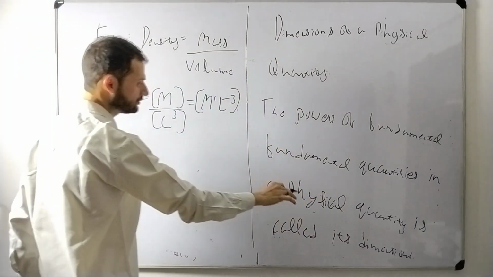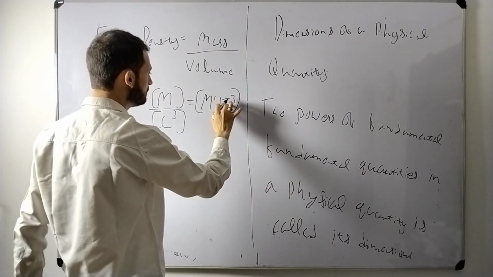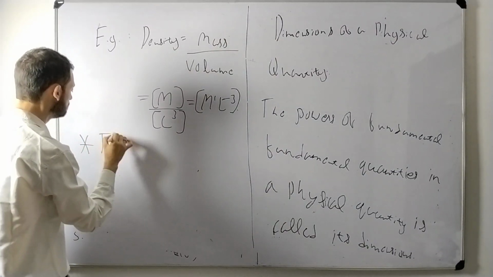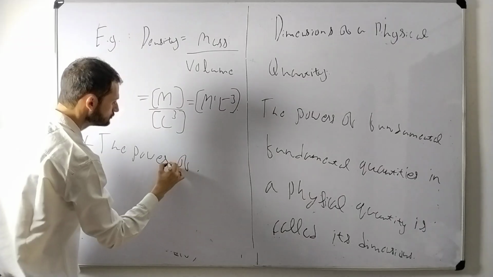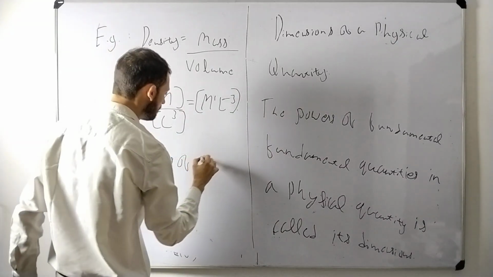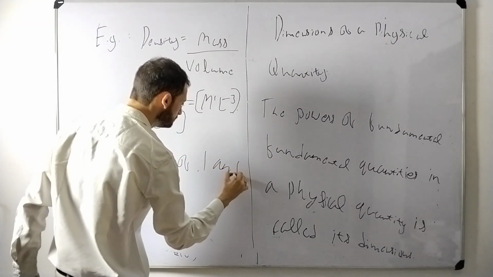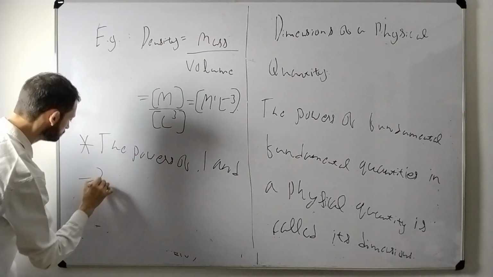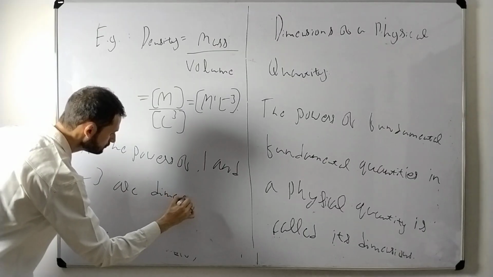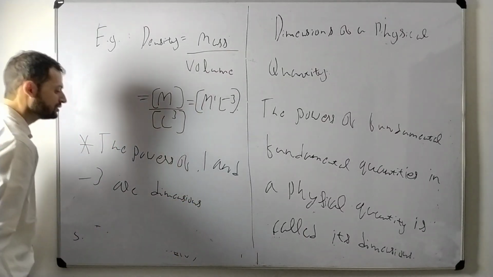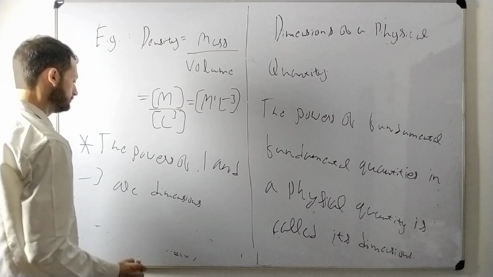Note, according to our definition, the powers 1 and minus 3 are the dimensions of the physical quantity.